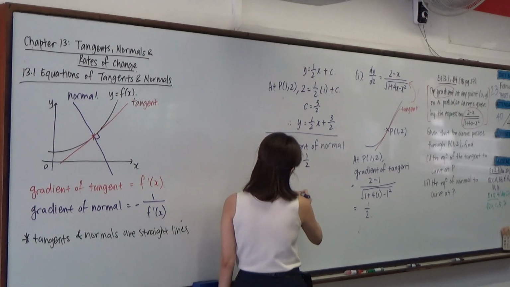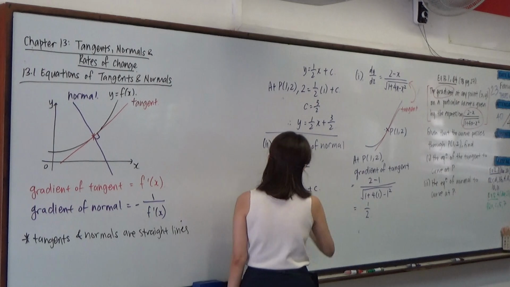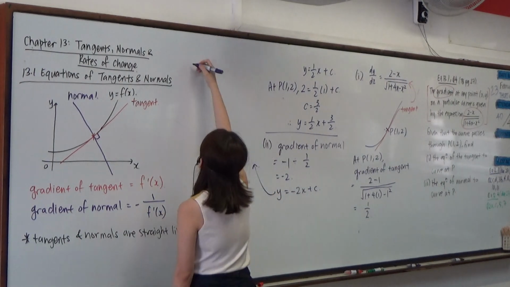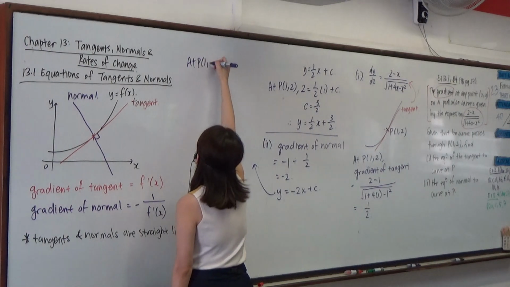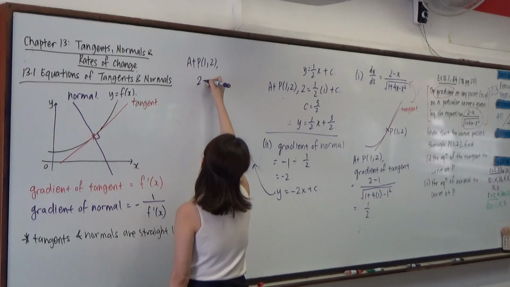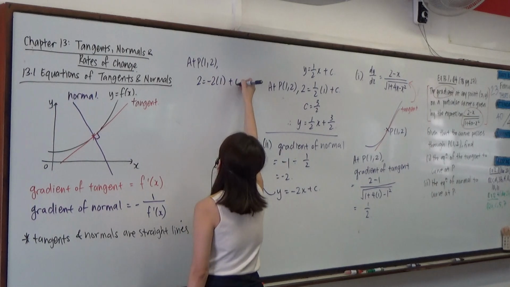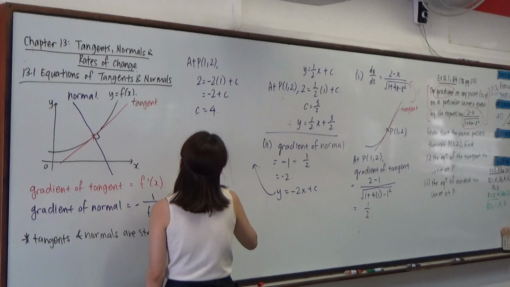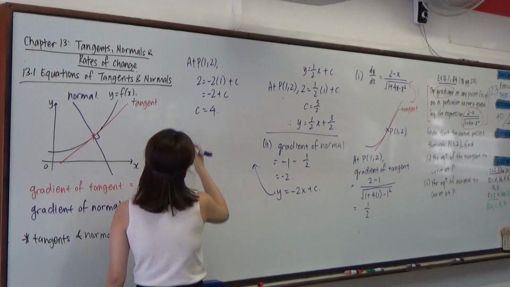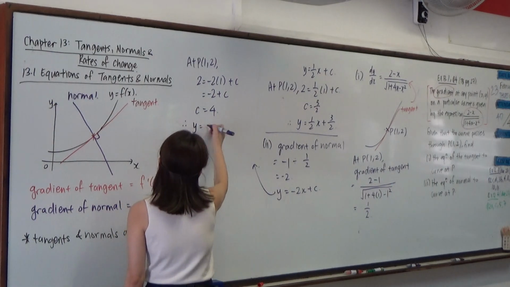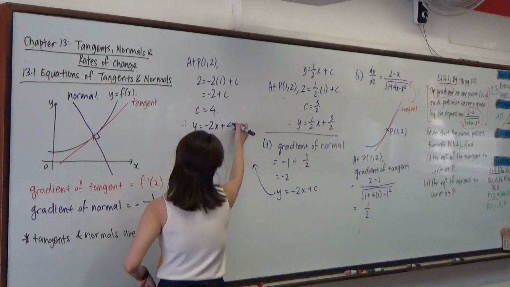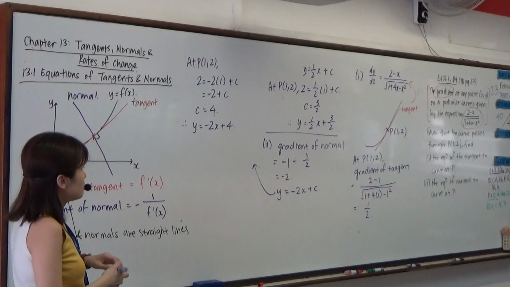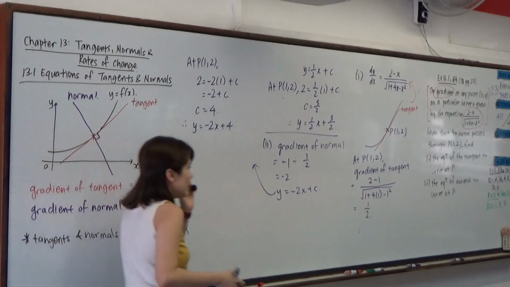So y equals negative 2x plus c. Therefore, the equation of the normal is y equals negative 2x plus 4.